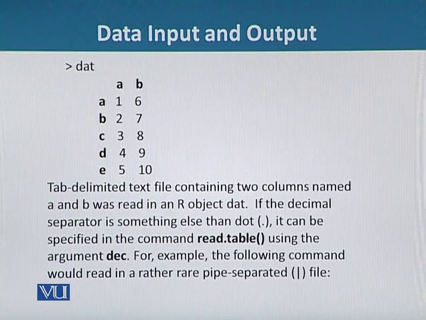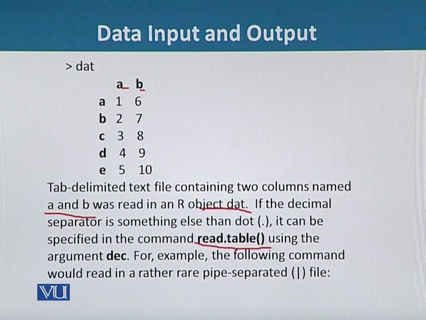So this data is in the form of two rows, and it is also tab delimited text, which means we are using the tab to separate the columns. This tabular file contains two columns named A and B and was read into the R object DAT. If the decimal separator is something other than a dot, it can be specified in the read.table command.